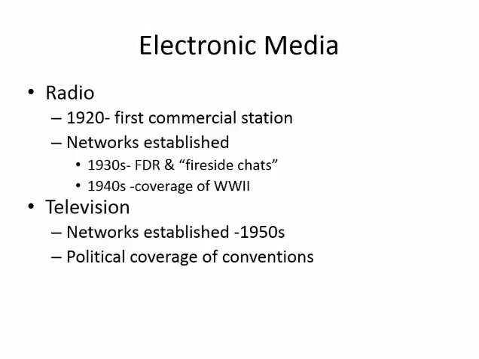Electronic media began to emerge in the 1920s. The first commercial radio station signed on, and within a decade the networks had been established. If you're interested, you can probably consult Wikipedia and look at FDR and his fireside chats.